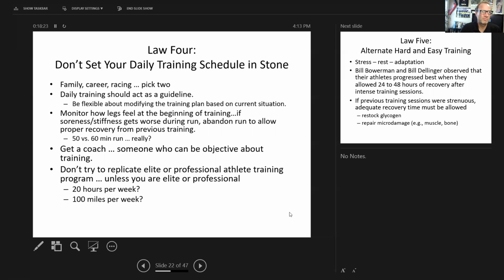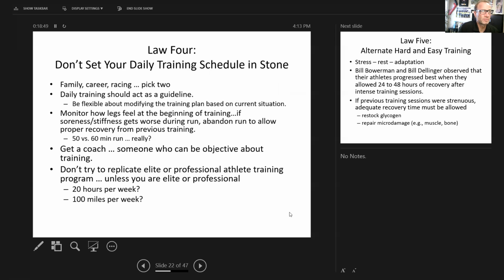You do want to be careful about getting overly sore and stiff, and you don't want to have to abandon a run during a run. You really want to make a decision prior to exercise that they're set. And if you're getting to a point where you don't feel like you can continue your training program, then you're not doing the right amount of intensity, or doing too much, or doing too long, doing too frequently.